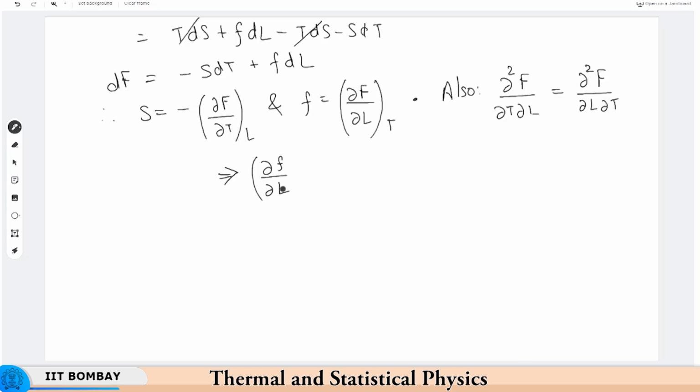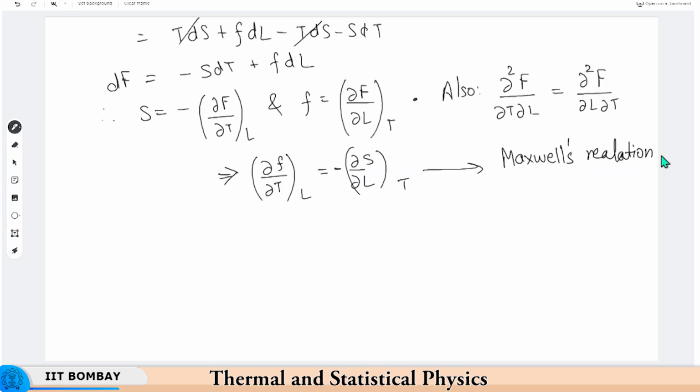So, del f by del T at constant length equals del by del L of del F by del T, which is S, so minus del S by del L at constant temperature. And this is the equivalent of the Maxwell relation in the context of these rigid rods.